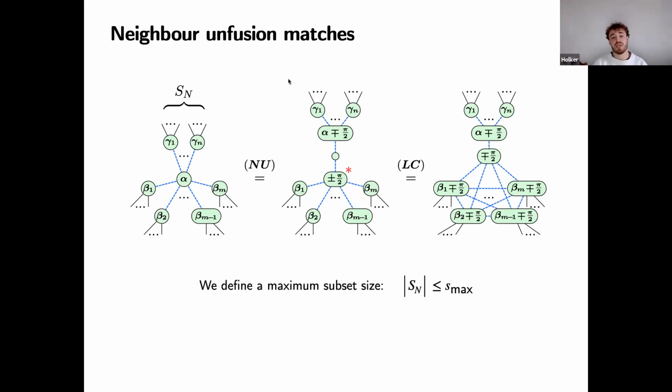Instead, we define a maximum subset size to unfuse, and then check all possibilities of subsets of this size or less. Increasing this subset size will improve the performance of the algorithm, but also massively increase the time that the algorithm takes.